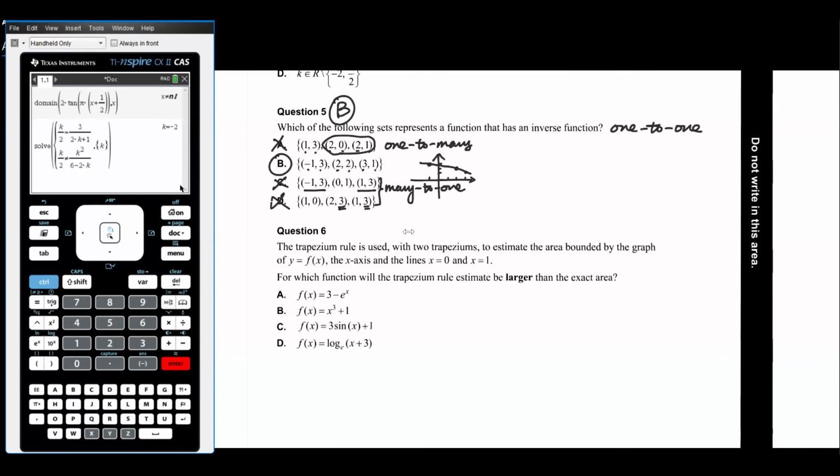The trapezium rule is used with two trapeziums to estimate the area bounded by the graph of y equals f(x), the x-axis, and the lines x equals 0 and x equals 1. For which function will the trapezium rule estimate be larger than the exact area? So if you look at option A, let me quickly draw a graph. This is y equals 3, and I suspect the graph looks like that.